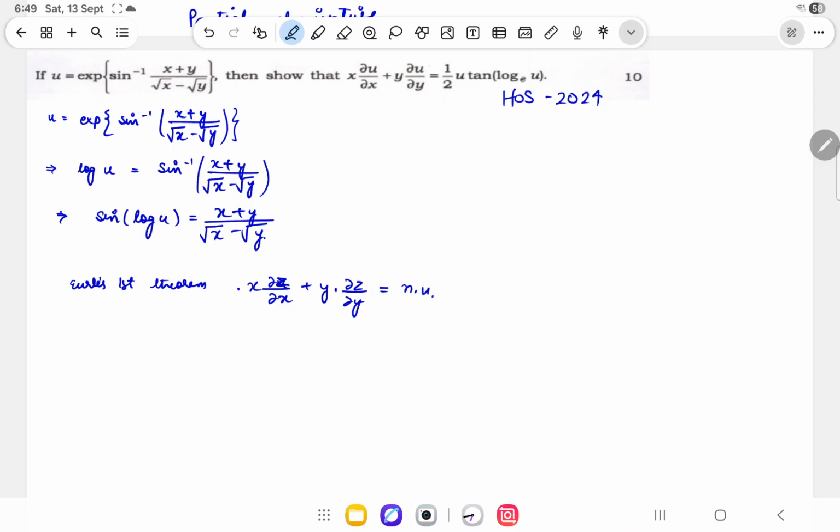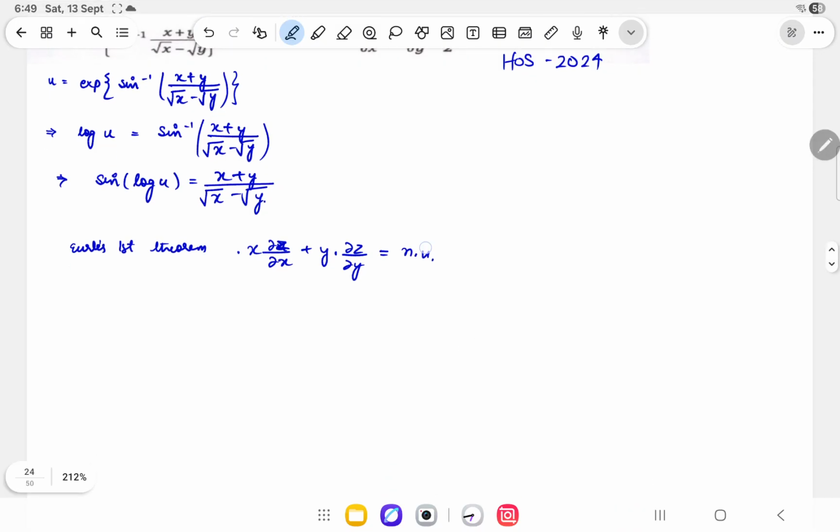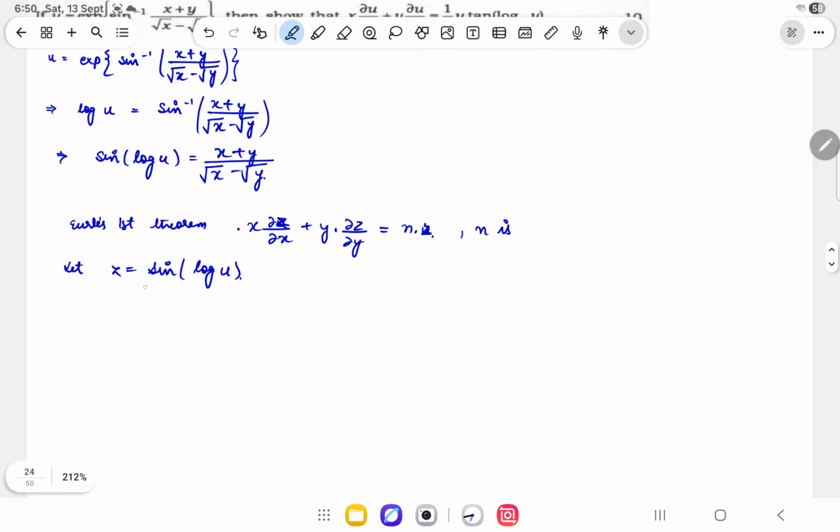This is the statement of Euler's theorem. Let us assume that z is equal to sine log u, and here n is the degree of this homogeneous function. So my z is this sine of log u.